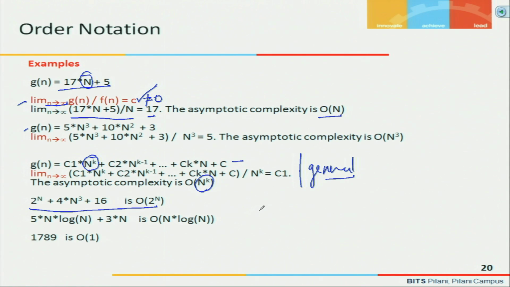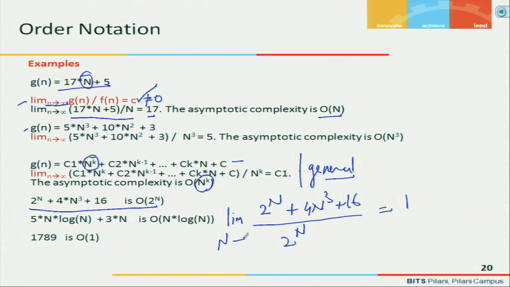If you look at the ratio of 2 to the power n plus 4n cubed plus 16, divided by 2 to the power n, then we know this limit is going to be 1, as n tends to infinity. Therefore, we are going to say that this particular function g is of order f(n), where f(n) is 2 to the power n.